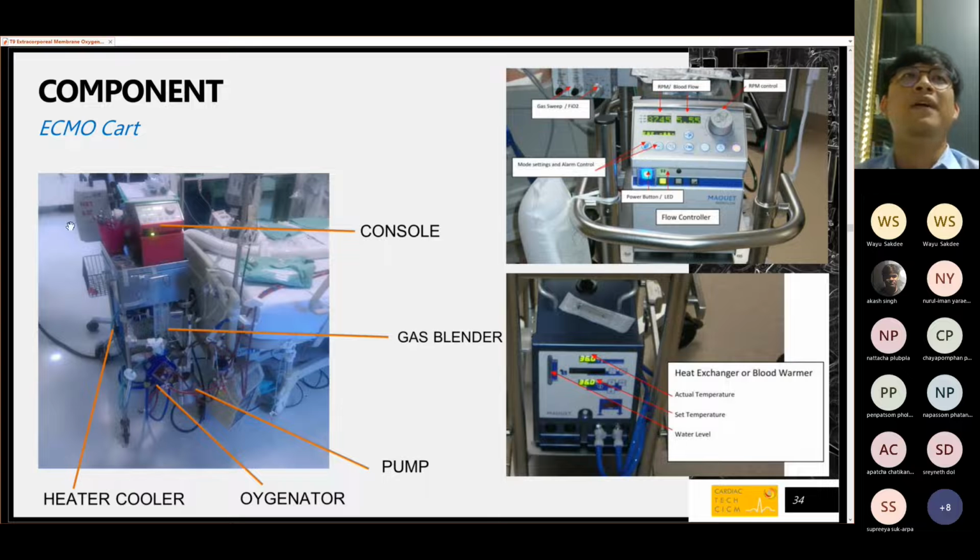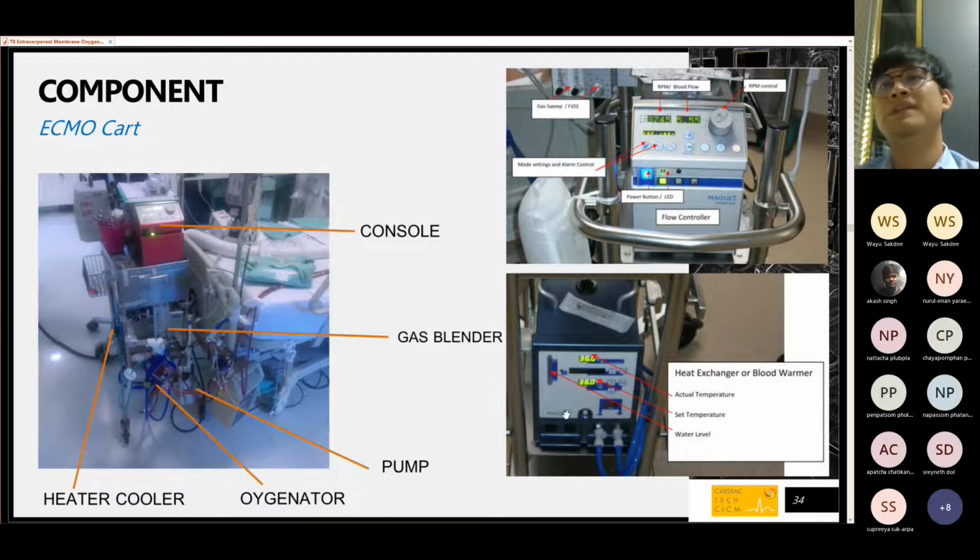And this is all of the ECMO components that you see here, the ECMO cart, and here is the bed. So there are many complicated machines. You have the console, gas blender, pump, oxygenator, sorry for my typo, and heater-cooler here.